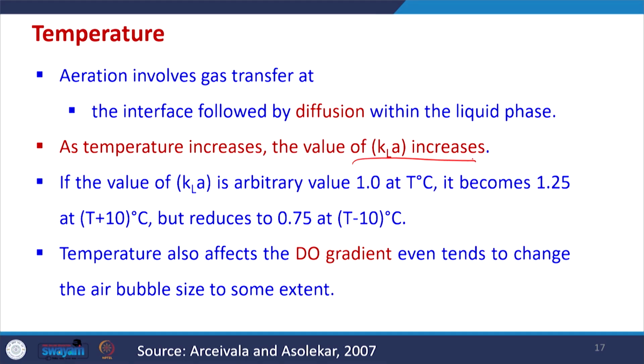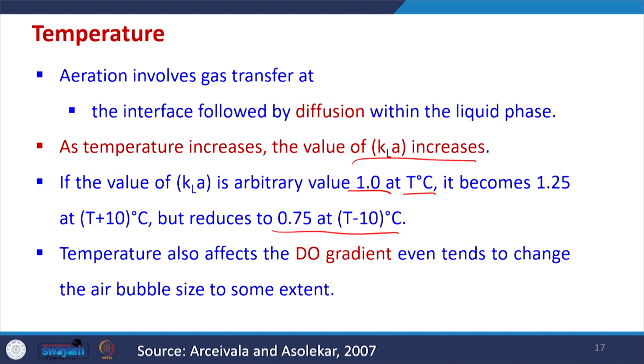Aeration involves gas transfer at the interface followed by diffusion within the liquid phase. So, as the temperature increases, the value of KLa increases. If the value of KLa is taken as some arbitrary value of Y1 unit at T degree centigrade, it will become 1.25 at T plus 10 degree centigrade, but may reduce to 0.75 at T minus 10 degree centigrade.